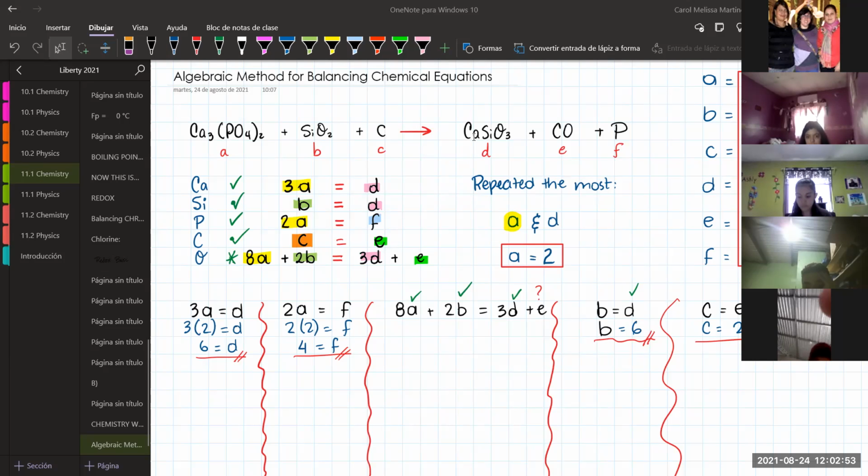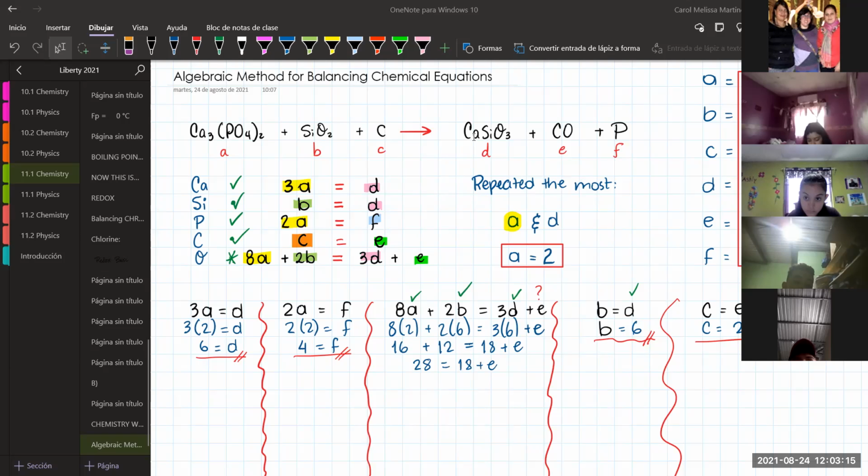I just did one correction. Like this will be 16 plus 12 equals 18 plus E. This gives me 28 equals 18 plus E. As to get rid of the 18, I subtract it in the two sides.